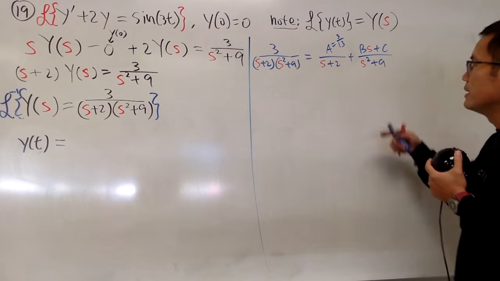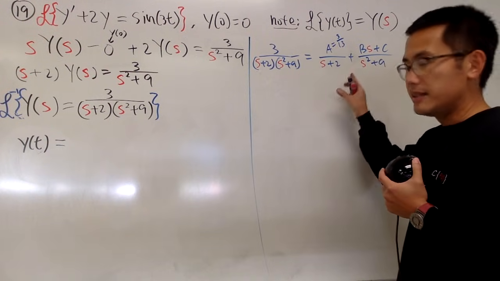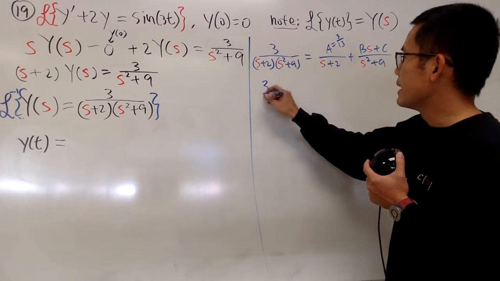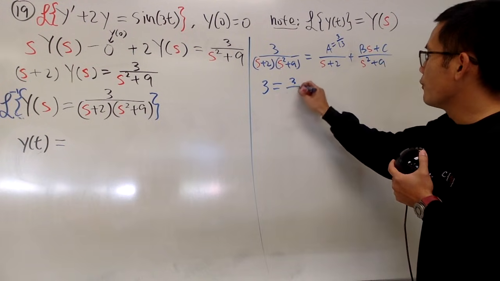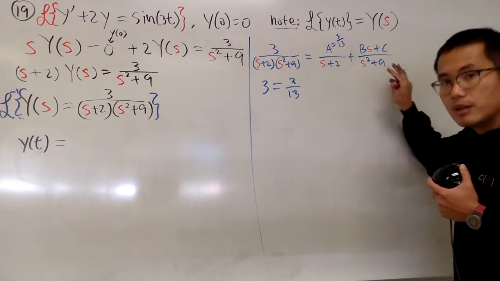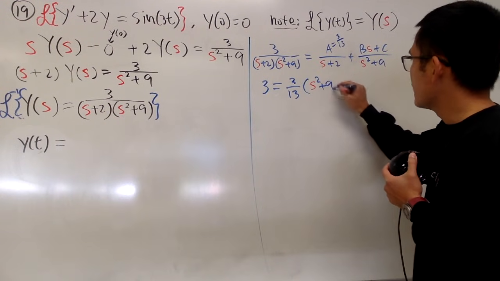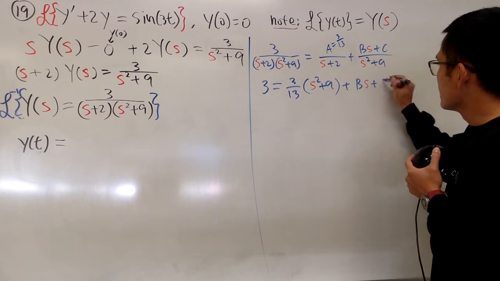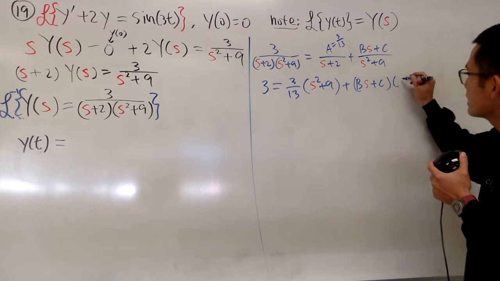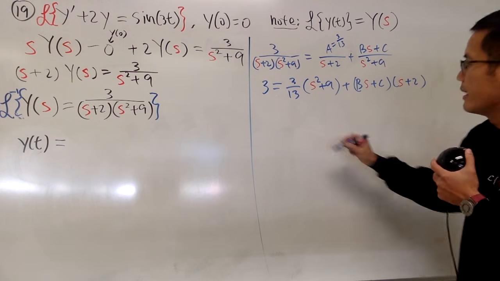Now, for the B and the C, do the traditional way. Multiply everybody by the denominator. So I will end up with 3 by itself. Do this in your head, keep track, right? So you have 3 over 13. You have to multiply by this, s squared plus 9. And then plus Bs plus C multiplied by s plus 2. Yeah, and then just work this out.